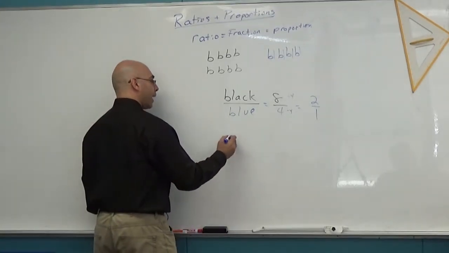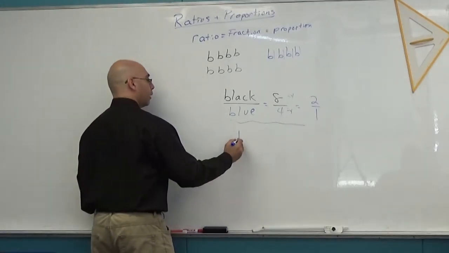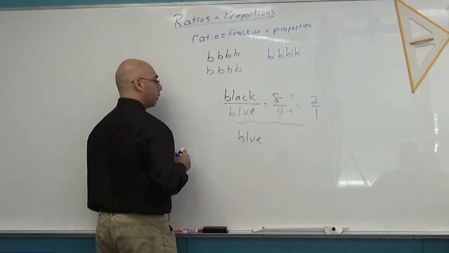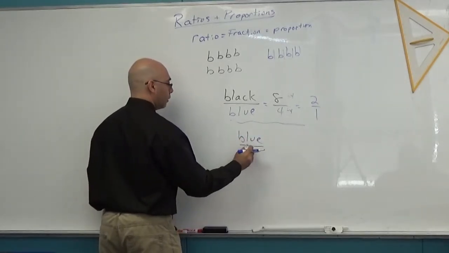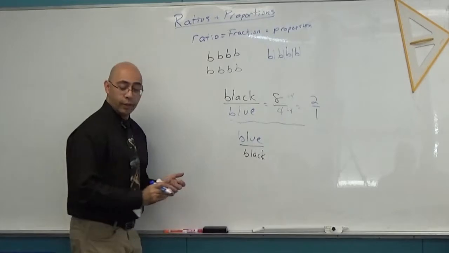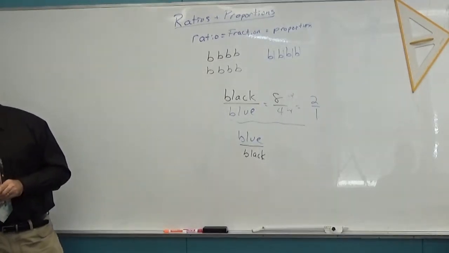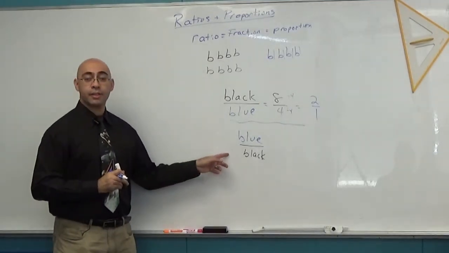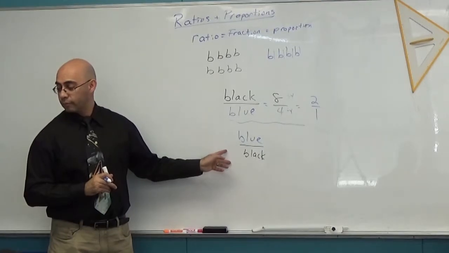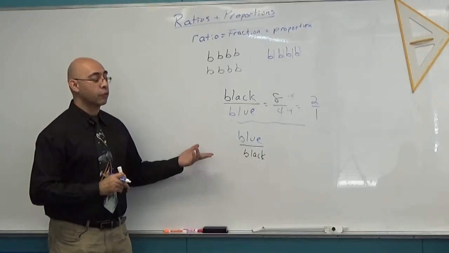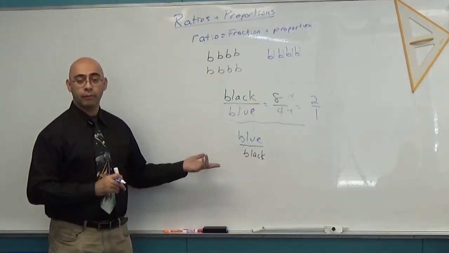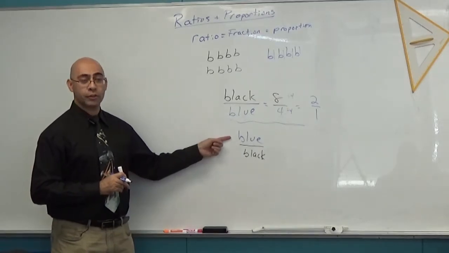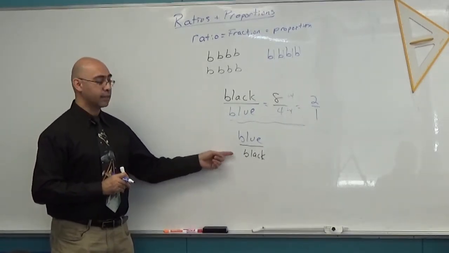What if the question was asking this? Which I think might be part C. If you look at part C, this is what they're asking. Because what is the first one they're asking about? Blue. They're asking about blue first, and black is second.